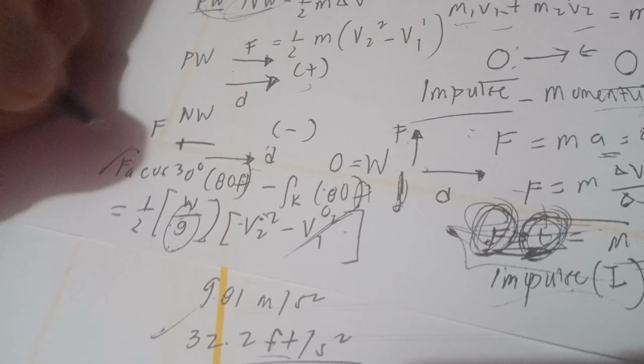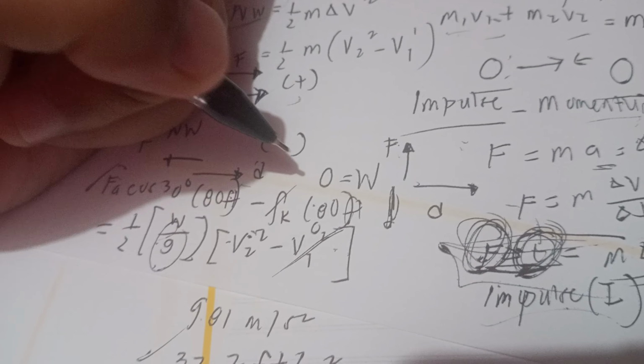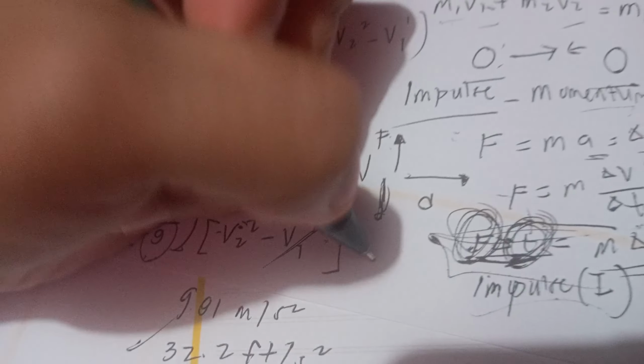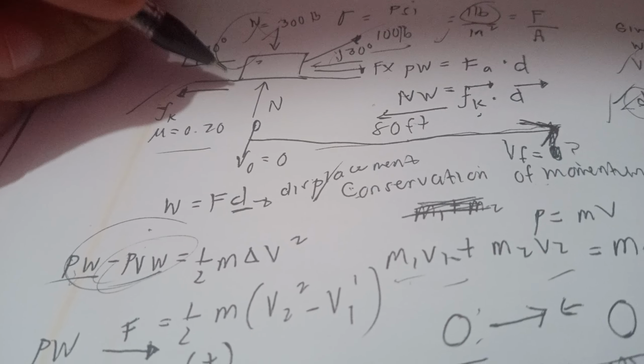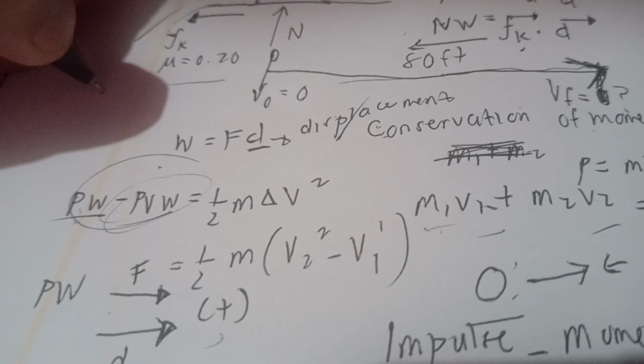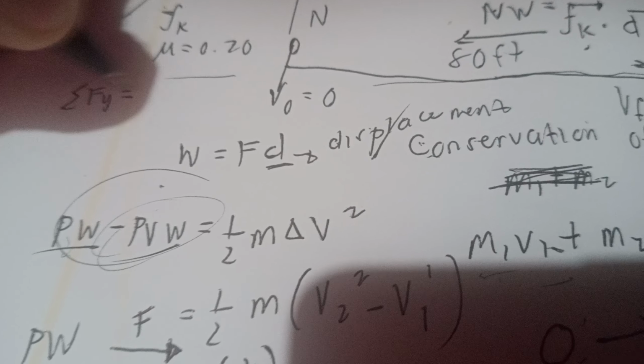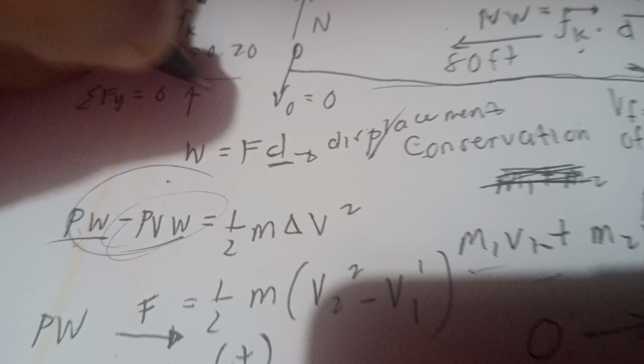So, para sa force applied, given naman na sa kinetic friction, di ba ang kinetic friction is mu of k times N. So, kailangan pa natin yung N kasi ito given na eh. Ito siya. So, para mahanap yung N, magsa-summation forces tayo ng y equals 0. So, upward positive.